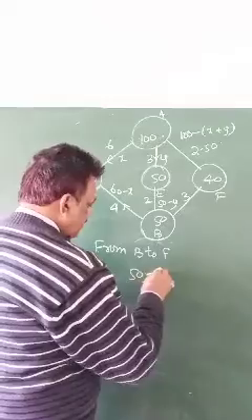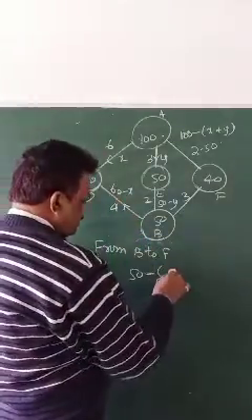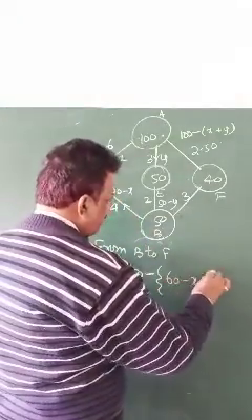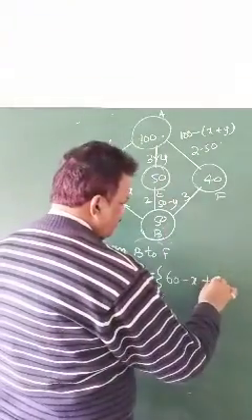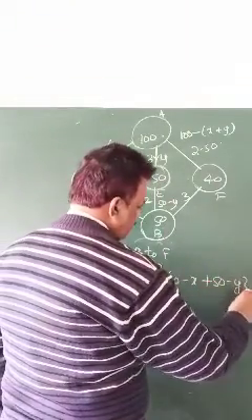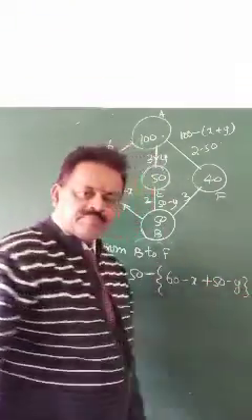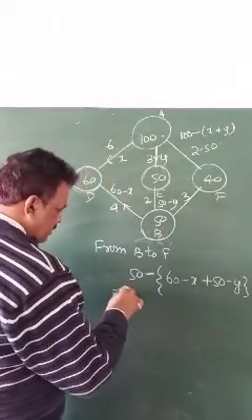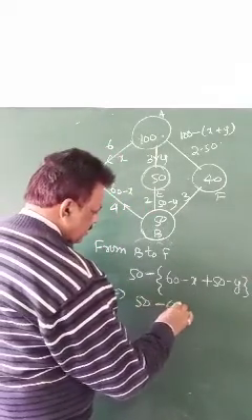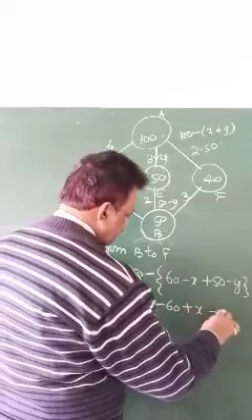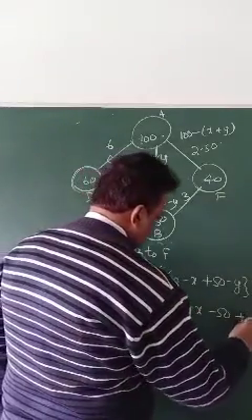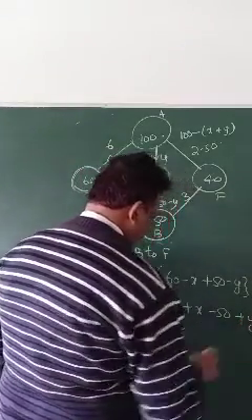So from there 60 minus x and 50 minus y are given, and the remainder is greater than 0. That means 50 minus 60 plus x minus 50 plus y is greater than 0.